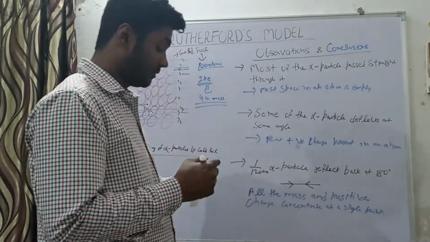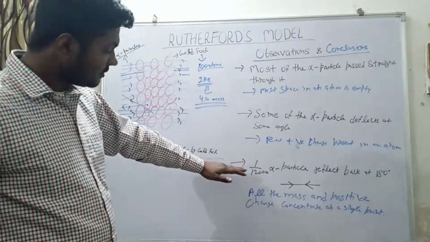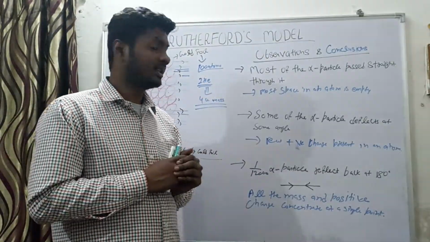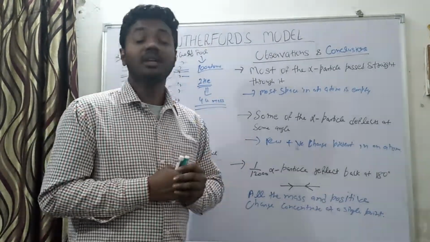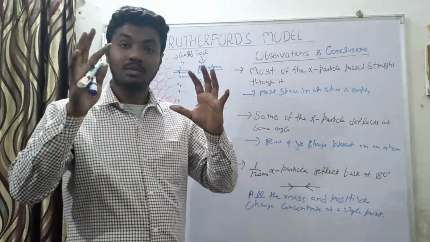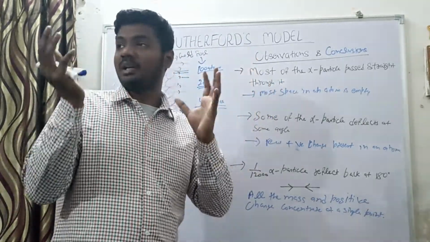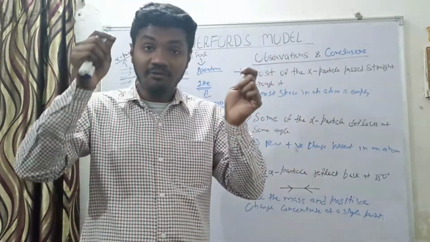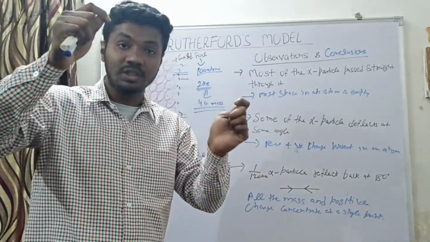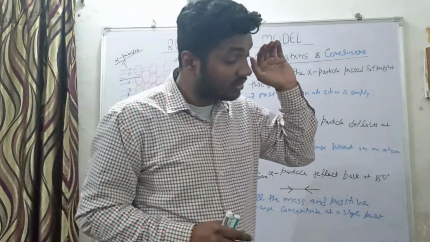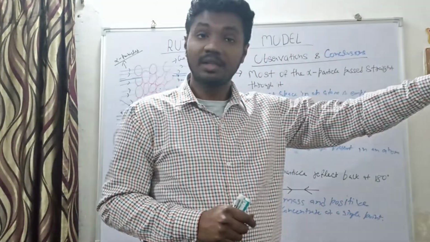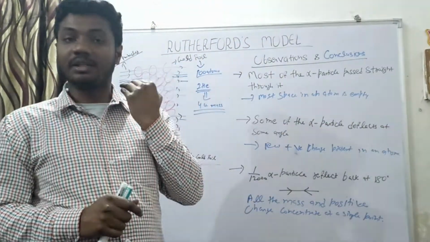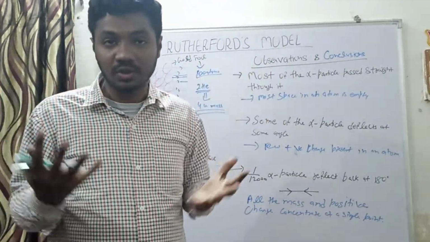in an atom. This is also a surprising fact. It is like you throw a watermelon, for easy understanding, on a simple A4 sheet, and when it strikes the A4 paper, it reflects back at a 180-degree angle. This seems next to impossible.